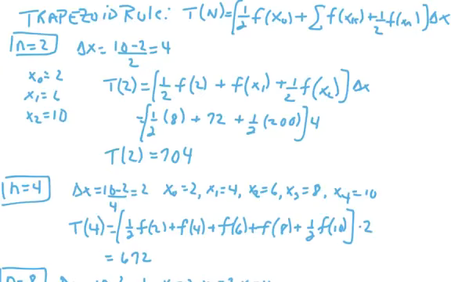So with the trapezoid rule, we know the formula is here. And again, you start off by always computing your delta x. For n equals 2 trapezoids, we're going to compute where you start. You start at a and you end at b, and then you just add delta x to a. So 2 plus 4 is 6, and then 6 plus 4 is 10.